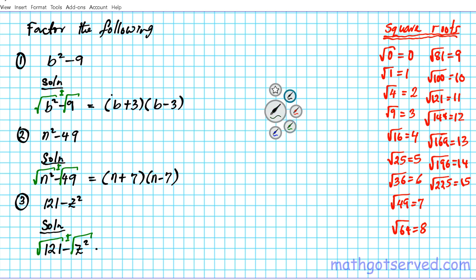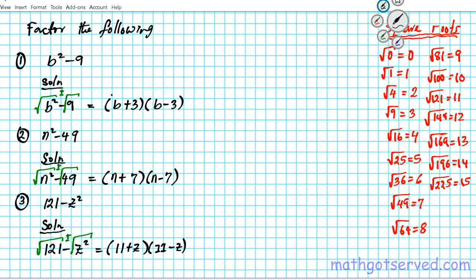So it becomes 11 plus z times 11 minus z. And there goes the answer to question 3. All right, moving right along. When you get the hang of it, you can do this really fast, without a problem.